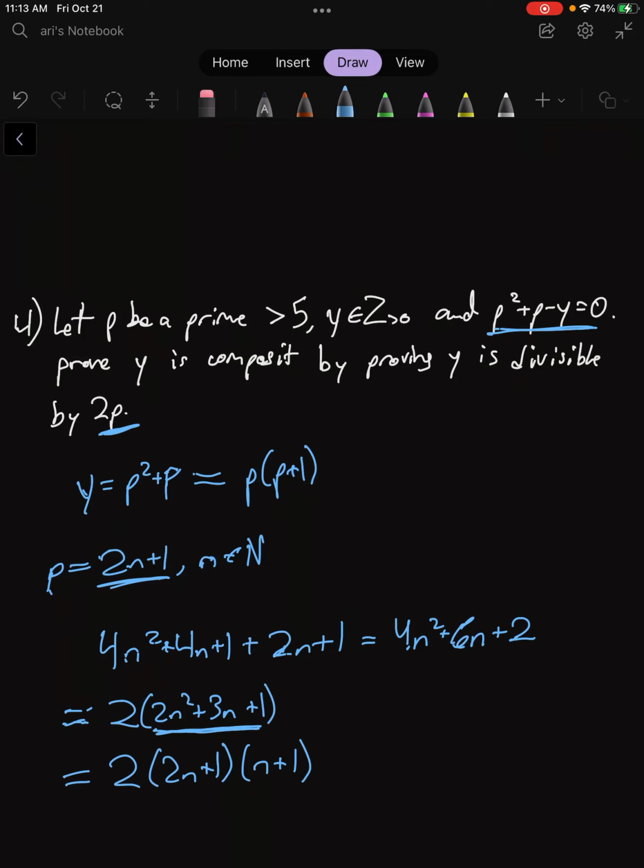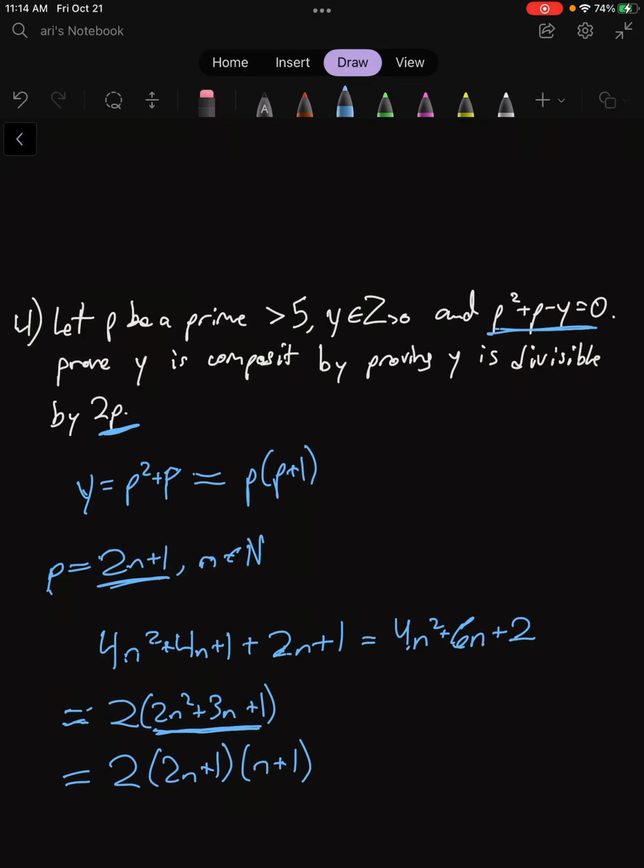If you try it, you can pretty easily see that 2n plus 1 times another n plus 1 gives this 2n squared plus 3n plus 1 term. So this is one way of proving that y is divisible by 2p, and this is basically exactly what Professor Carbone did in the problem.